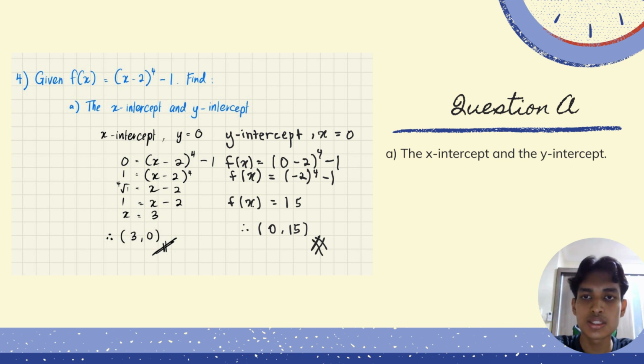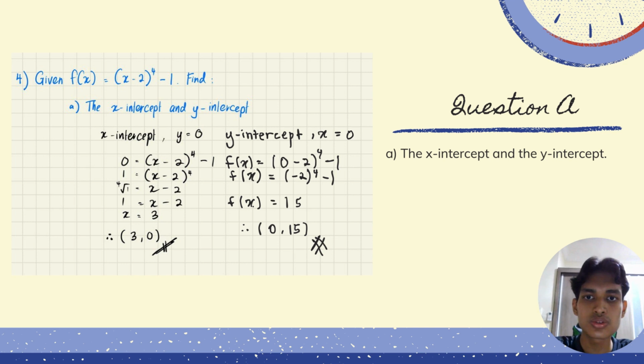When finding the x-intercept, y equals 0, then we write 0 equal to (x minus 2) power of 4 minus 1, and negative 1 we move to the left, so we get 1 equal to (x minus 2) power of 4. Then we calculate and we will get x equal to 3. So the coordinate for the x-intercept is (3, 0).